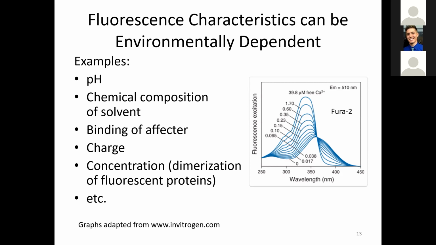So it's important, when you're setting up an unknown protocol, or working with a brand new fluorophore that you've never worked with, to do a few titrations. It's never a bad idea to start with the manufacturer's recommendation, but also try slightly less or slightly more concentration of the fluorophore to see if that changes the overall result.